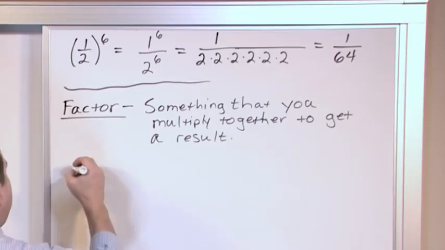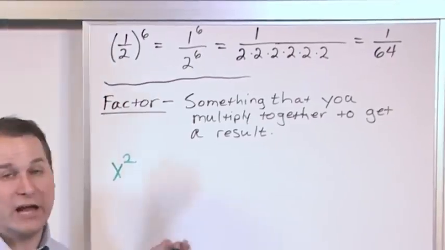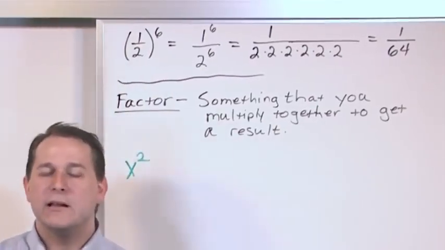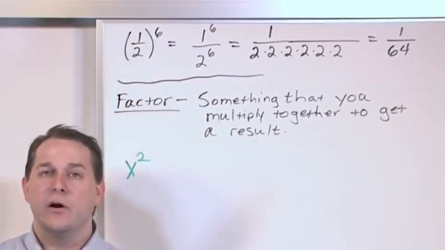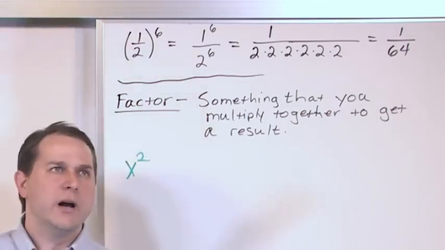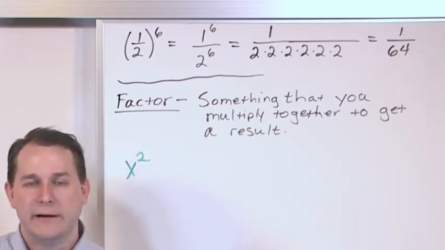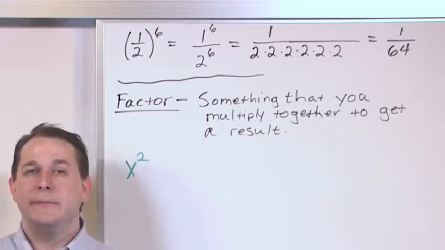So for instance, if I had 2x squared. Now we're actually diving into the realm of algebra a little bit using an actual letter. Don't get worried about letters. Letters are not a big deal in algebra. All you're basically saying is that x could represent any number. X could be 1, x could be 5, x could be -3, x could be 1.4, x could be anything.